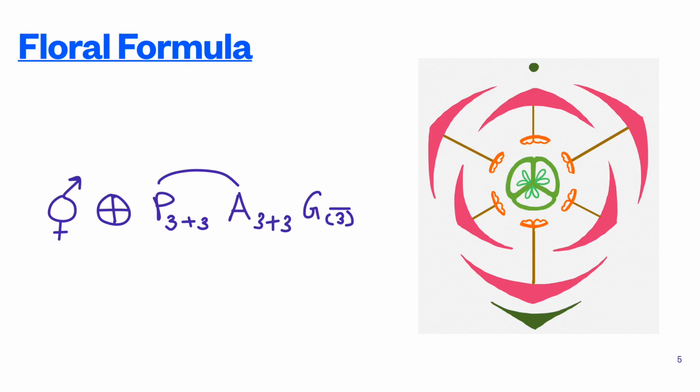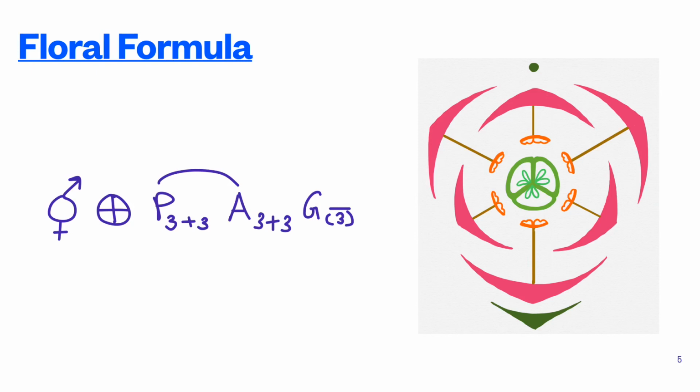A stands for androecium, and 3 plus 3 is the stamens attached to the 2 whorls of perianth. Since stamens are attached to tepals, letters P and A are connected with an arc over them.